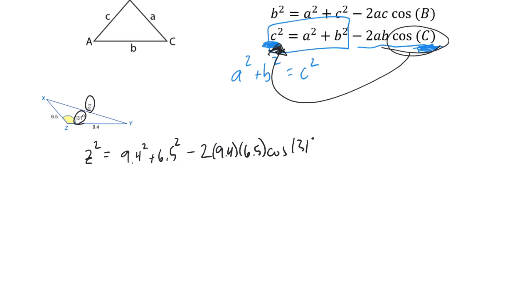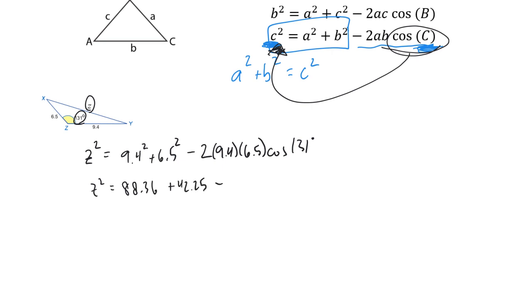When you're given information in this setup where one angle is between two sides, it's really simple to solve this. You're just going to plug it all in the calculator a little bit at a time. So 9.4 squared gives me 88.36. 6.5 squared is 42.25.